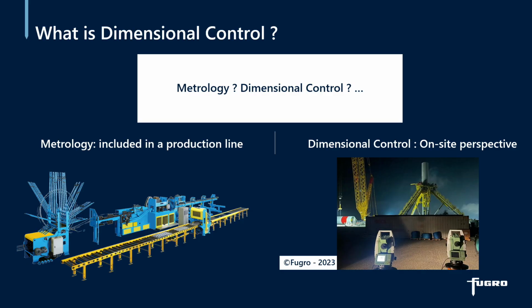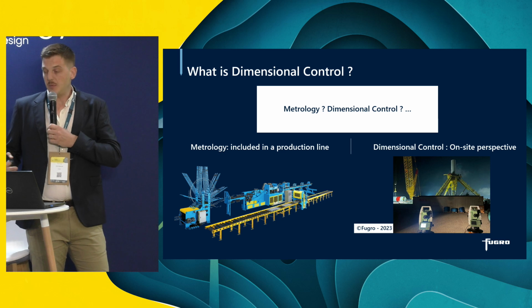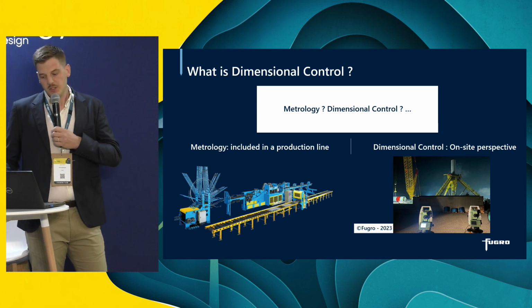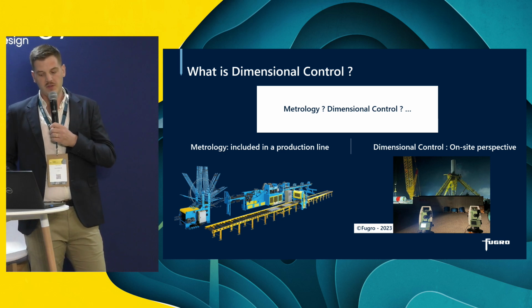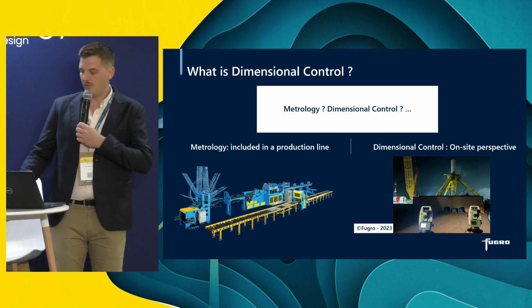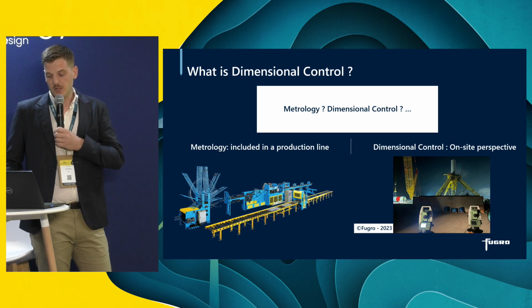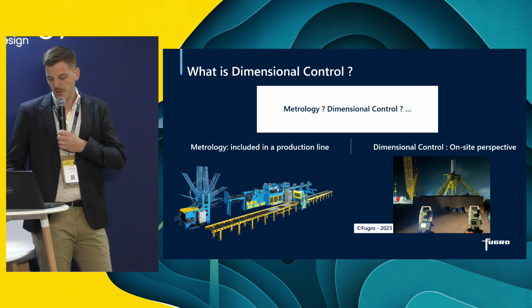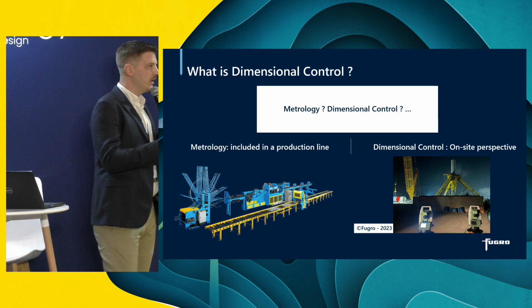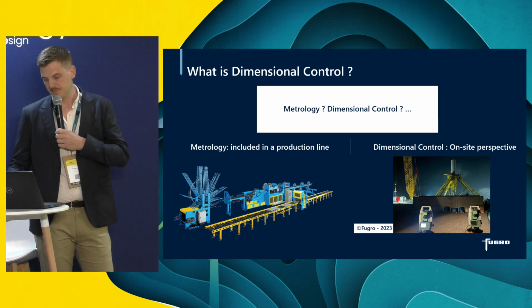While metrology controls the dimensions during the production, for us, dimensional control experts, it's about checking dimensions with the same accuracy for blocks that are built outside of the main production line or after the factory team is done with their part. It's truly a field logic, or a real on-site perspective.